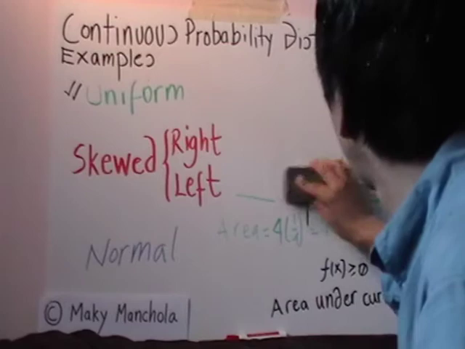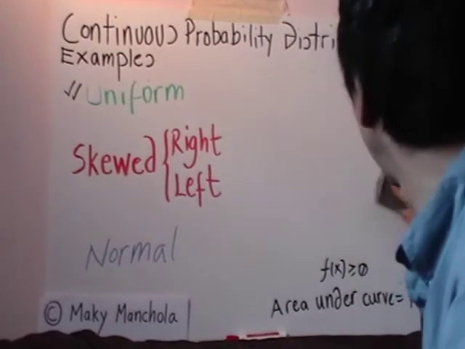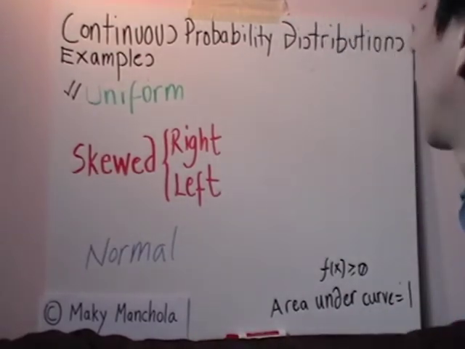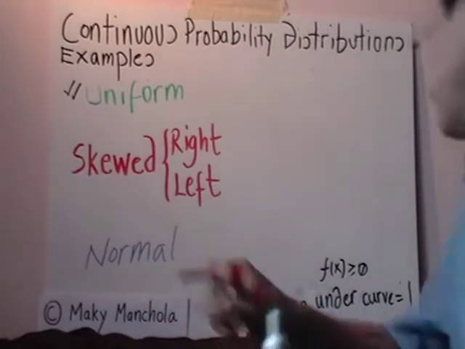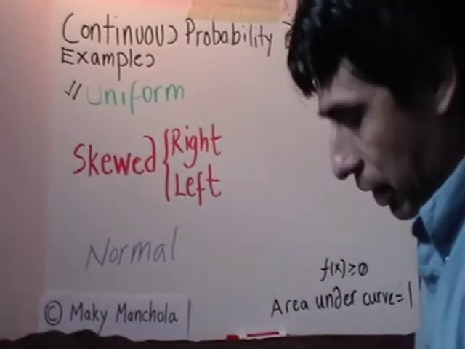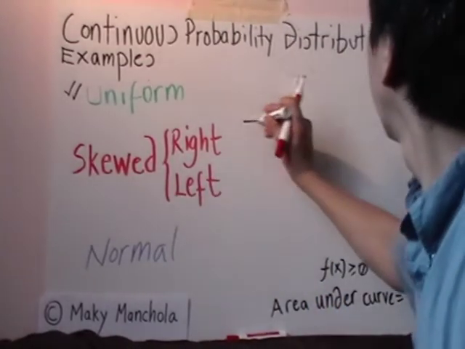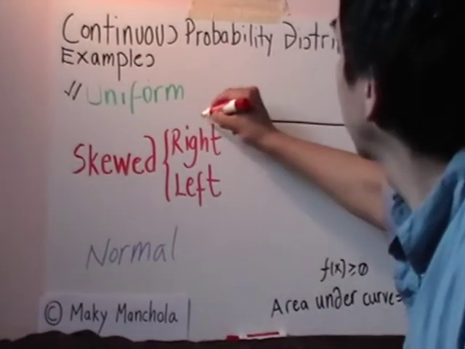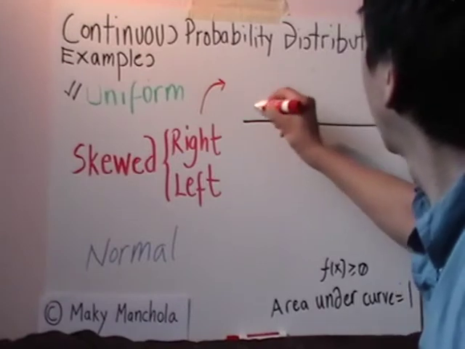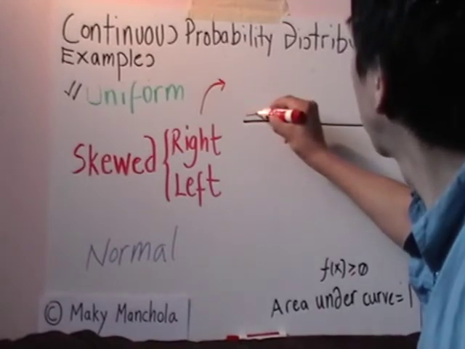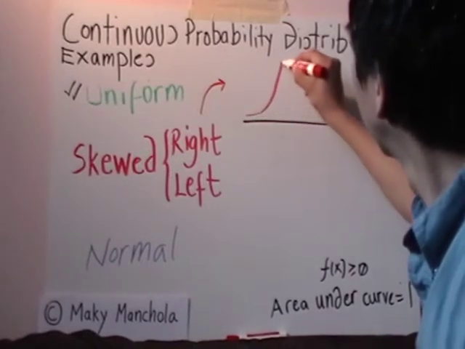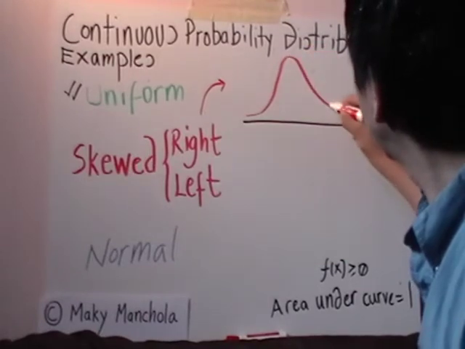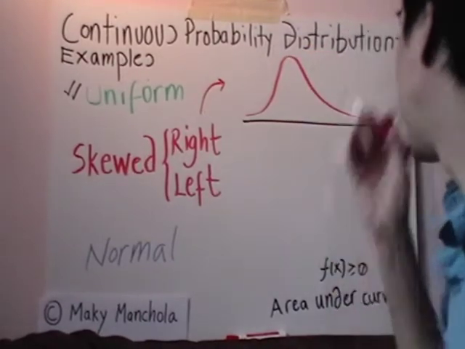I don't have right now specific formulas that will exemplify skewed distributions, but I would like to just illustrate what the histograms look like. Something that's skewed right will have the following shape. Here is your probability function. There is the skewedness, skewed right.